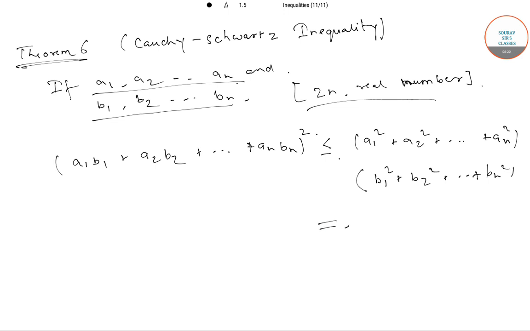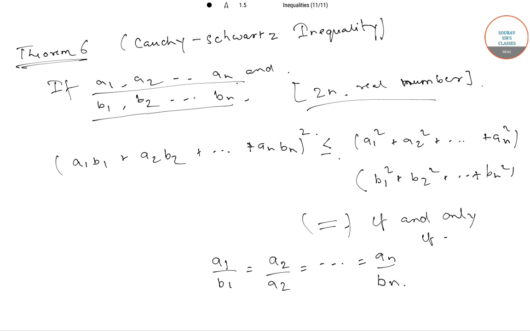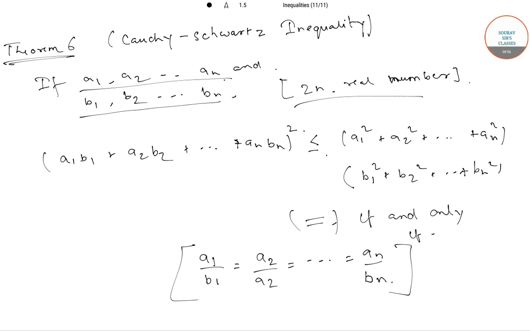So equality will hold if and only if a1 by b1 equals a2 by b2 equals so on till an by bn. When this holds true, then only there would be an equality sign. Otherwise it would always be less than. So this is our Cauchy-Schwarz inequality.